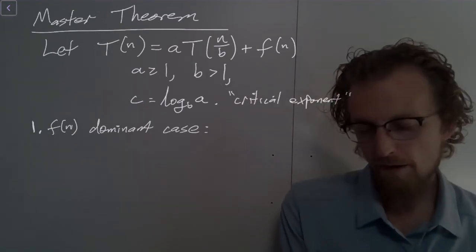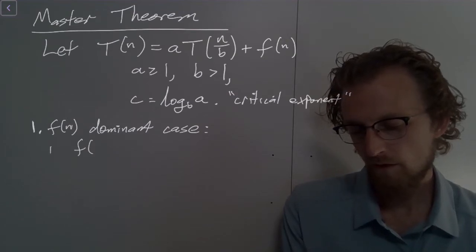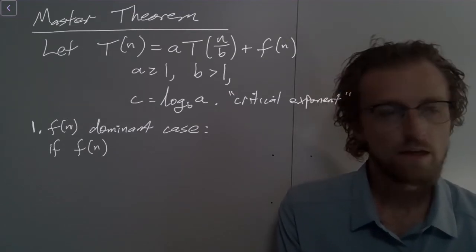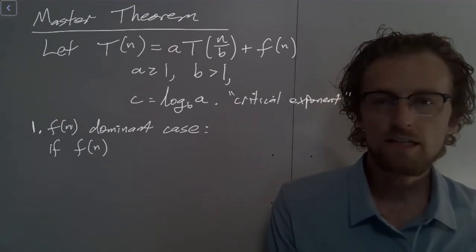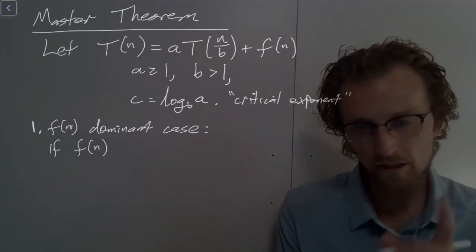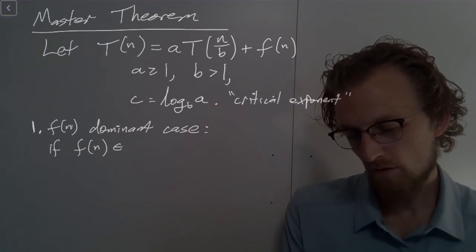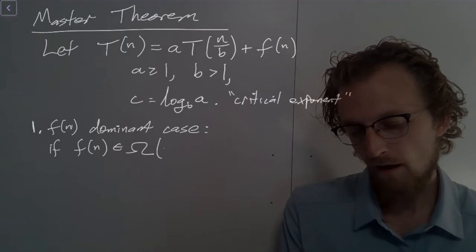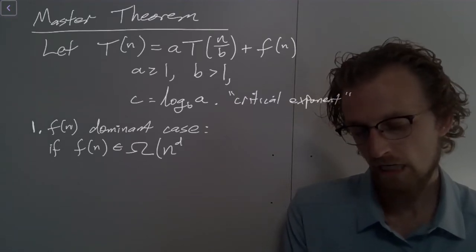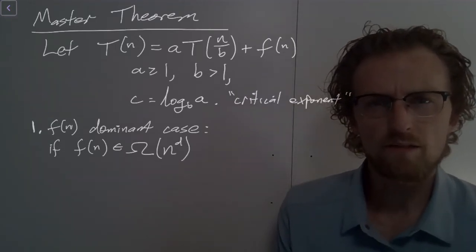So suppose f of n is in big omega of n to the d. This is a subtle definition, so stick with me here. So f of n is in big omega of this polynomial n to the d, and now you look at it and you say, where's d?